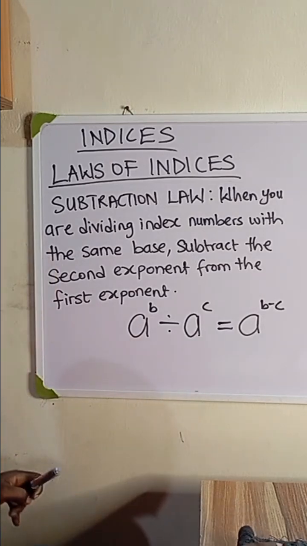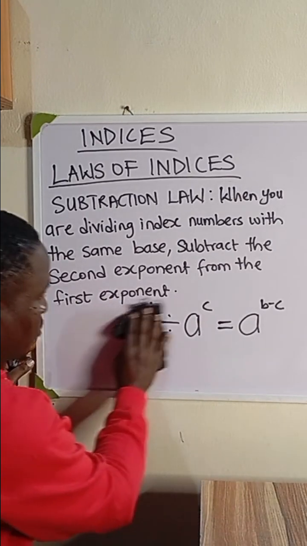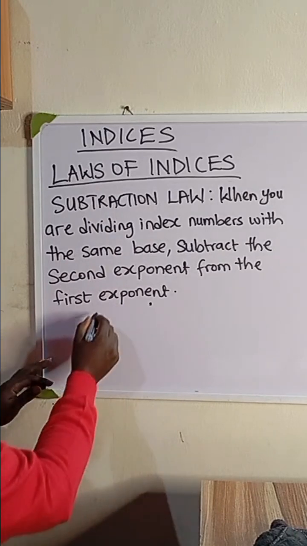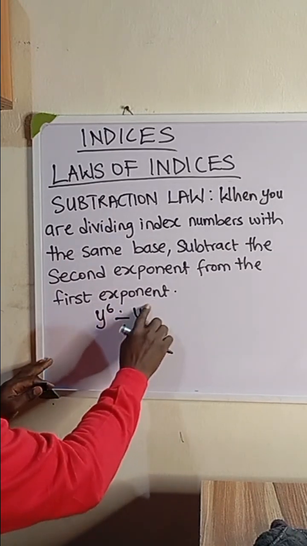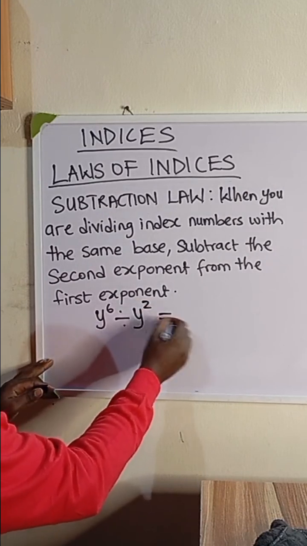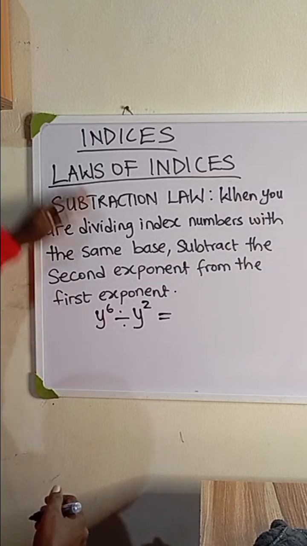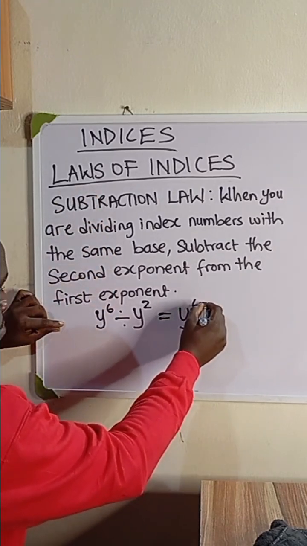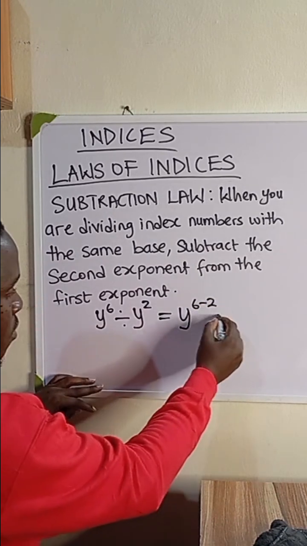If you have y to the power of 6 divided by y to the power of 2, using this subtraction law you're going to have y to the power of 6 minus 2. And that will give us y to the power of 4.